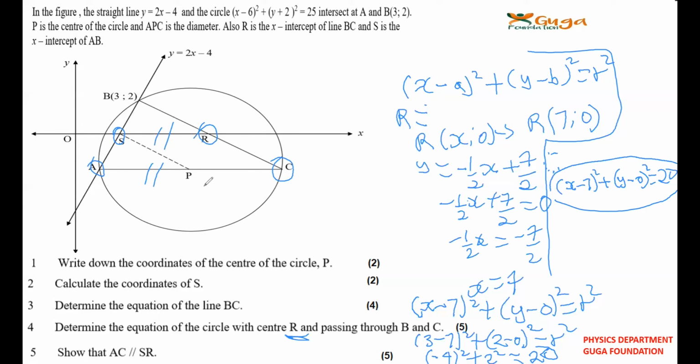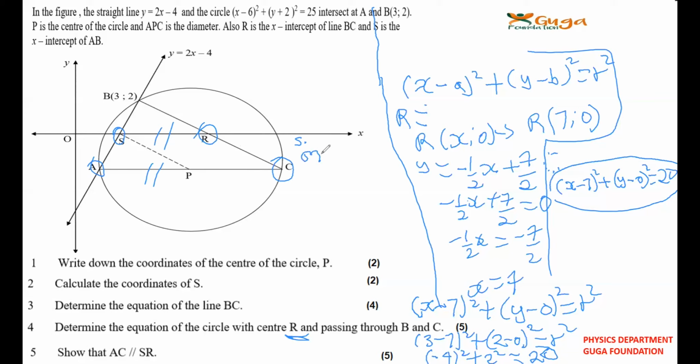So for us to show that the lines are parallel, this is number 5. What is the gradient of AC?